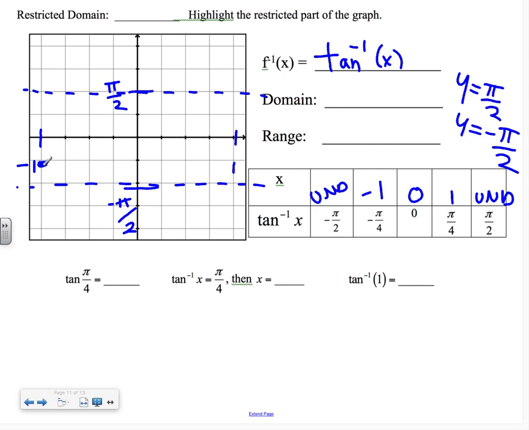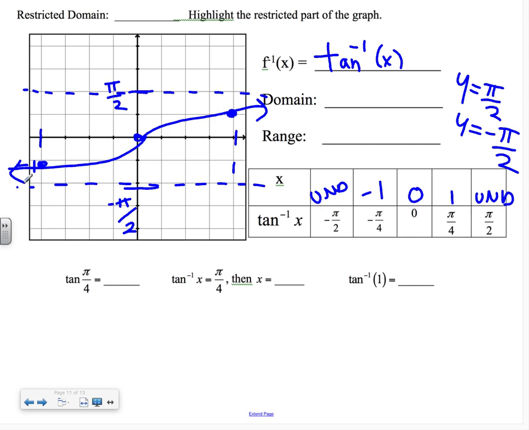I should have picked a smaller scale, but I'll be all right. 0, 0 is there, and 1 is pi over 4, so we're going to be up here. What I want you to understand is this is the tangent turned on its side. It's going to go from the point and head down to the asymptotes.